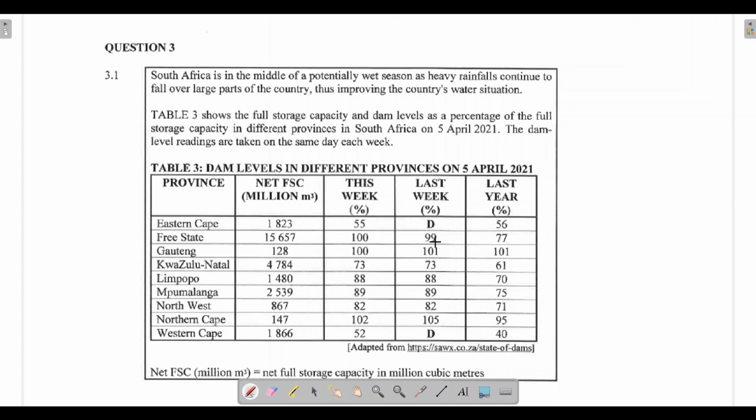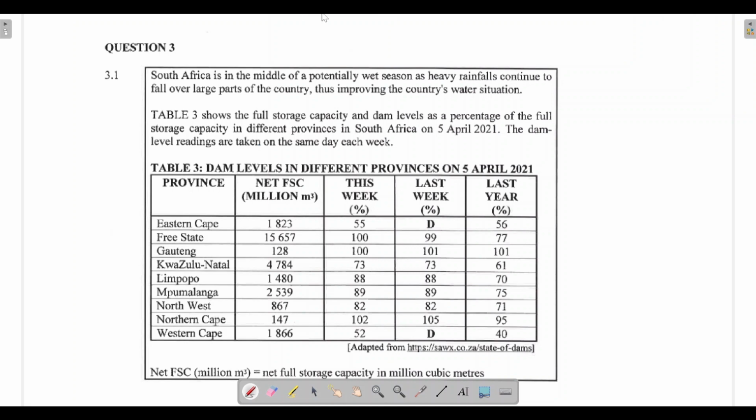Free State it's 99%, Gauteng 101%, KwaZulu-Natal 73%, so on and so forth. And last year, the full storage capacity percentage for the Eastern Cape is 56%, 77% for Free State, 101% for Gauteng, and so on and so forth.